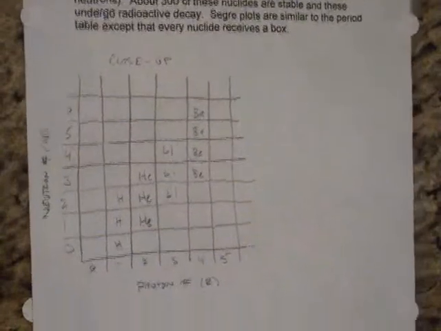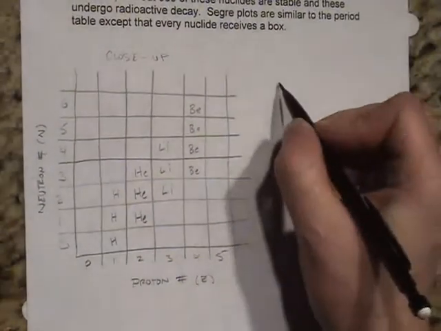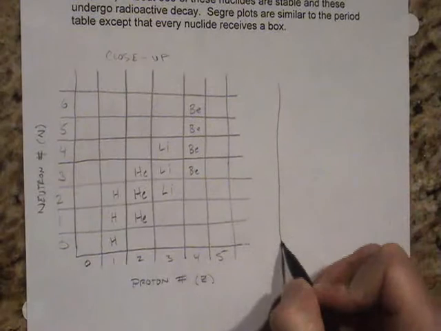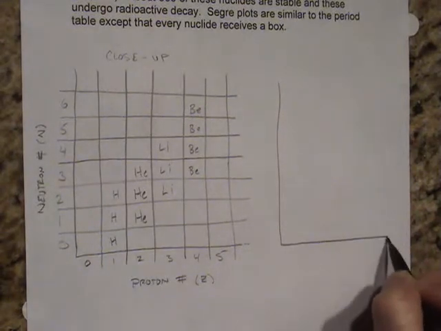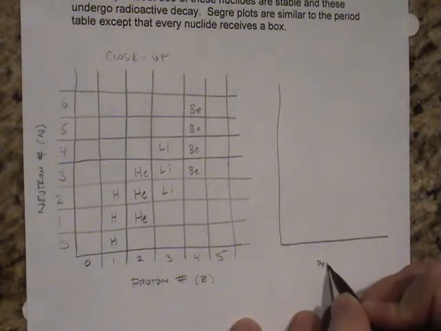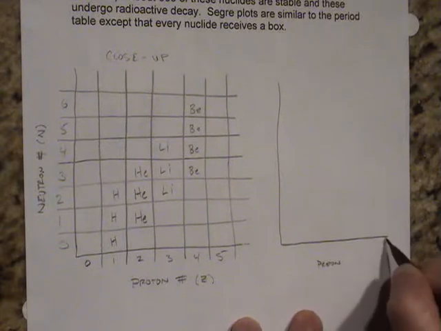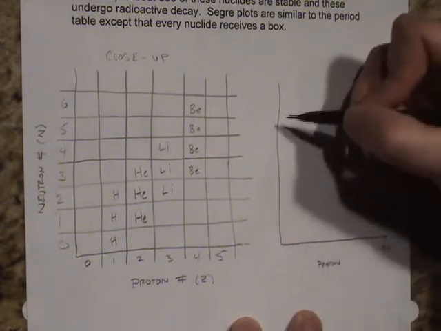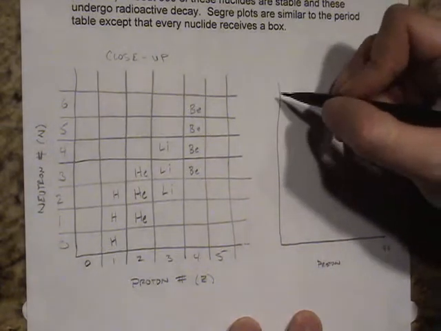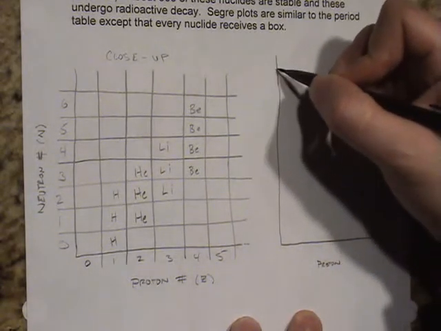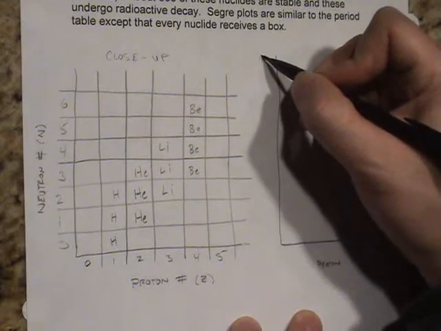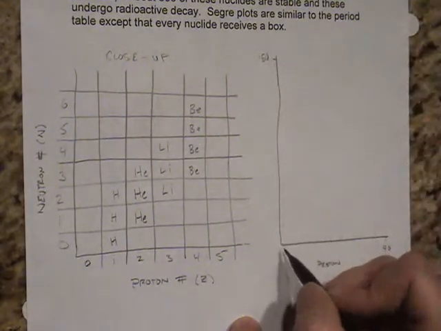But if we look at the Segre plot in broader terms, we find that the highest proton number goes up to about 90, and similarly the neutron number goes up to about 150.